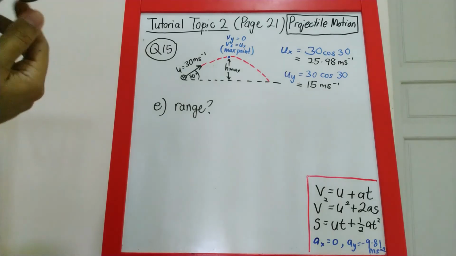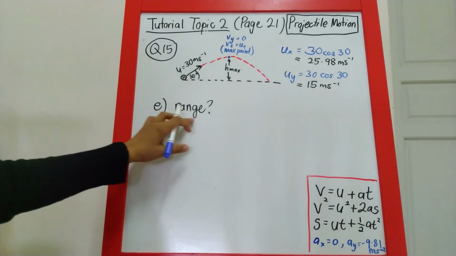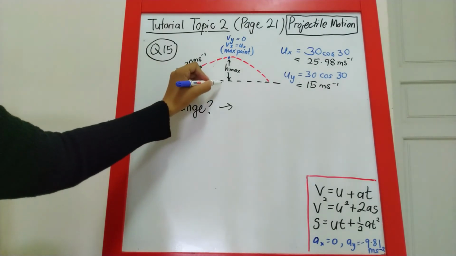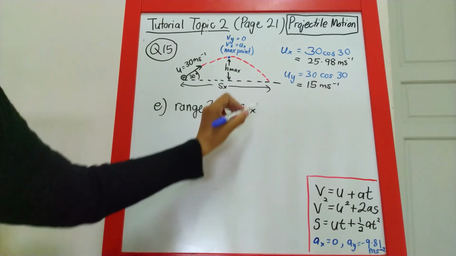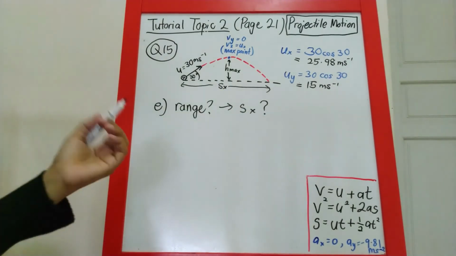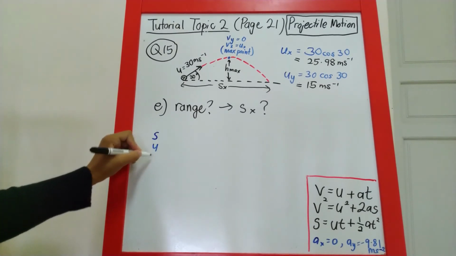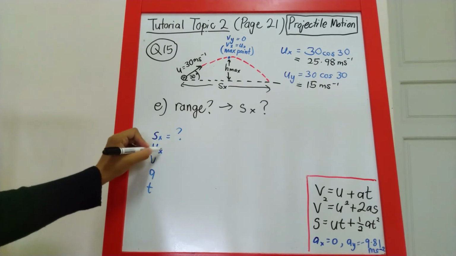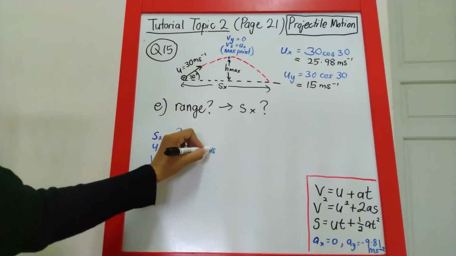Part E asks for the range of the projectile. Range is automatically the horizontal distance, therefore you need to find Sx. Let's do SUVAT analysis. Sx is what you will find. Ux equals 25.98 meters per second.